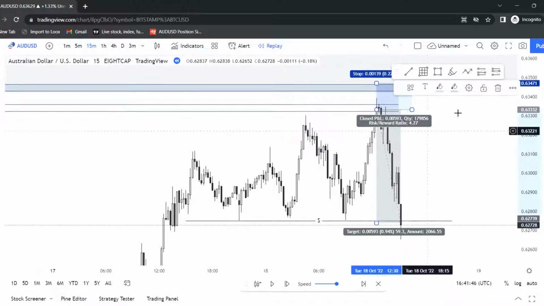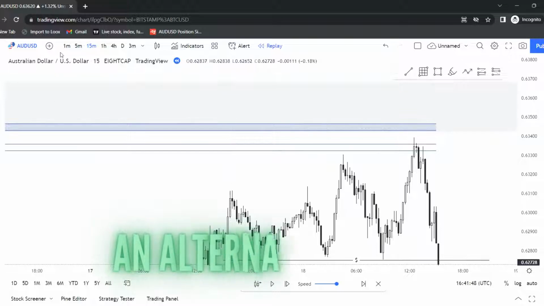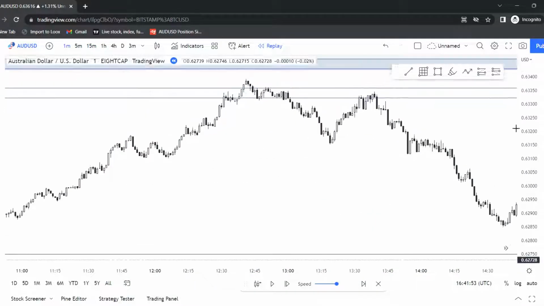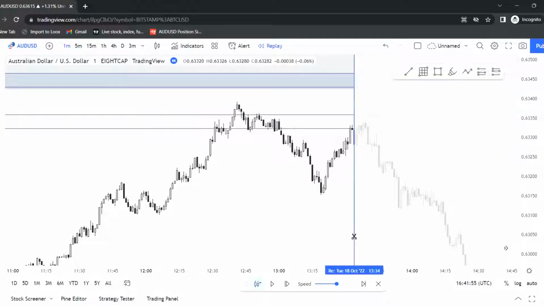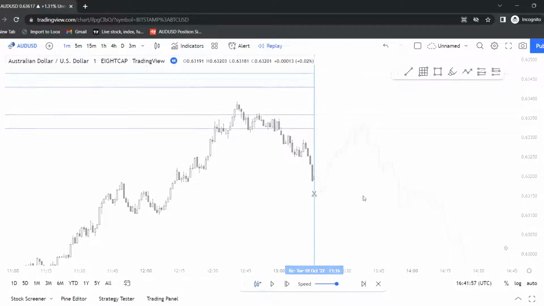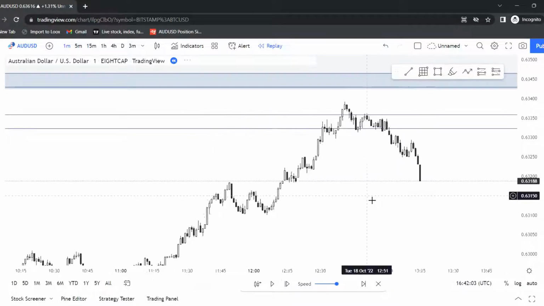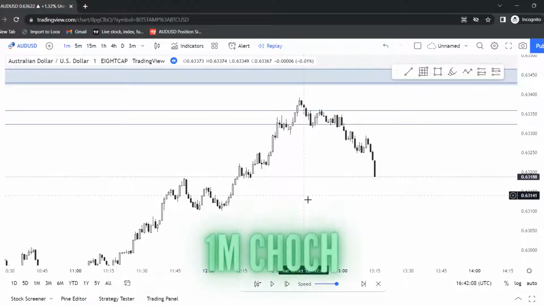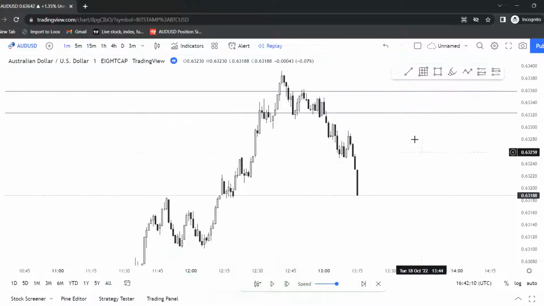Now, apart from this, if I simply remove this, if you would want to go on, let's say, the 1 minute time frame, you could have, if I just take price a little further back as well. So yeah, you could have waited for a 1 minute CHoCH basically.